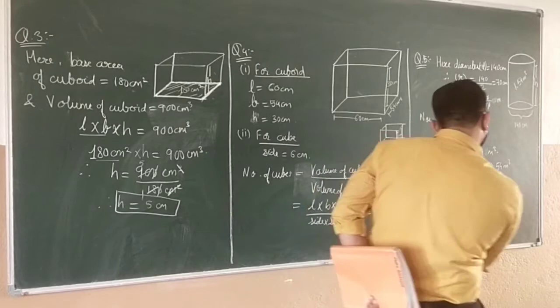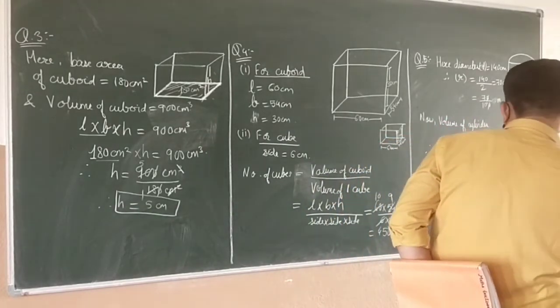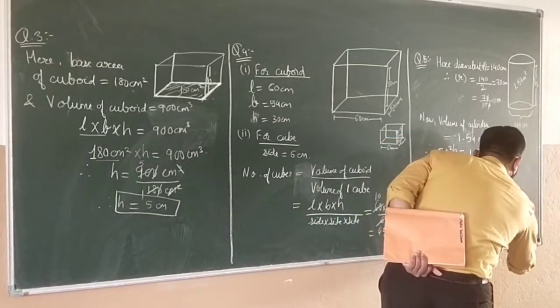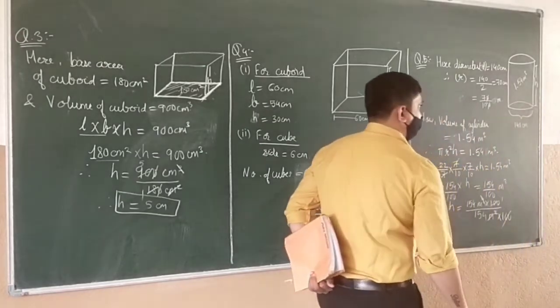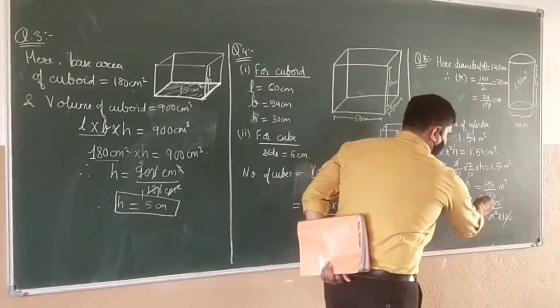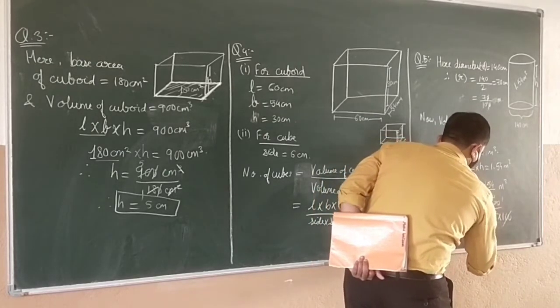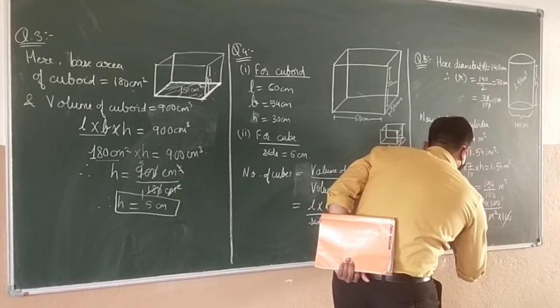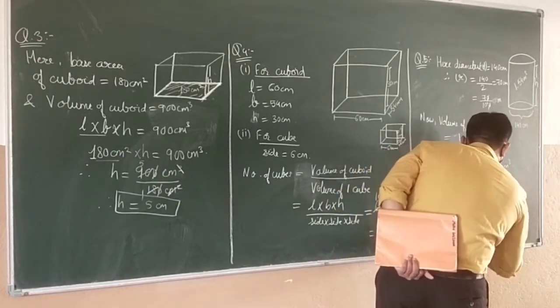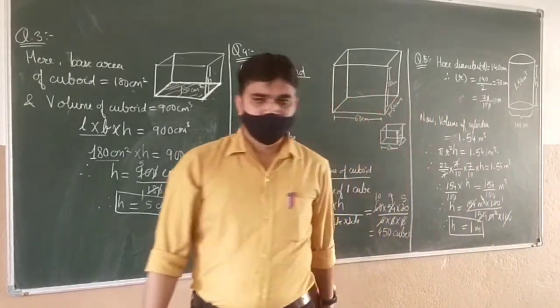This 100 and this 100 will cancel out. 154 and 154 will cancel out. So we will be left with height is equal to 1 meter. Understood?